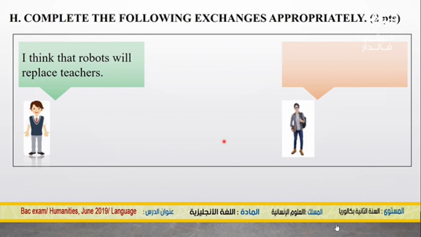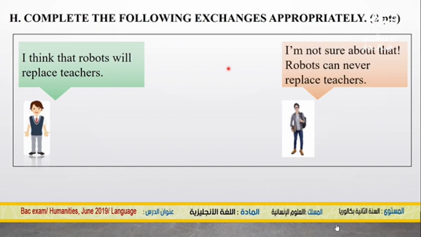I think that robots will replace teachers. Here you just need to either agree or disagree. So for example, in this exercise, you can say this: I am not sure about that. Robots can never replace teachers. Okay, so now we are done with exercise H.